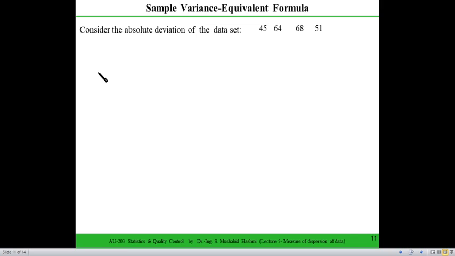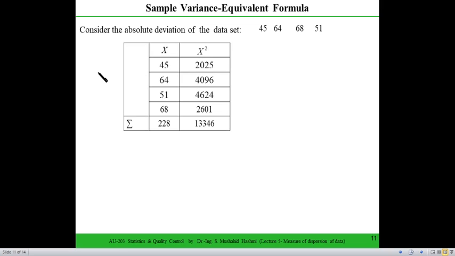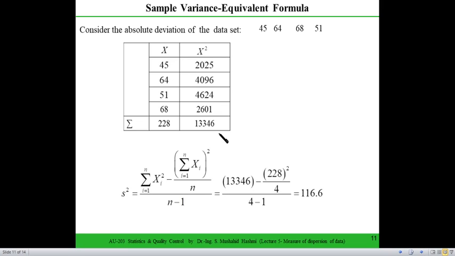Let's say we apply this formula to this data set. In the alternative formula, I need the value of x and the square of those values, and then I need the sum of x, which is 228 in this case, and the sum of x square.